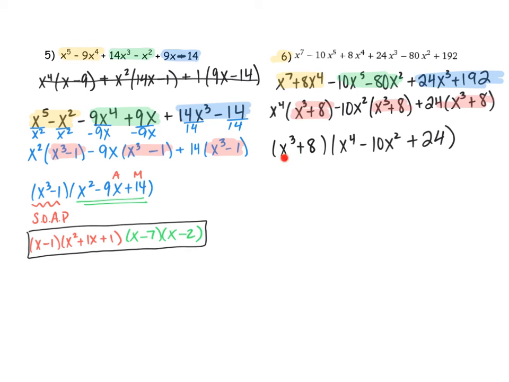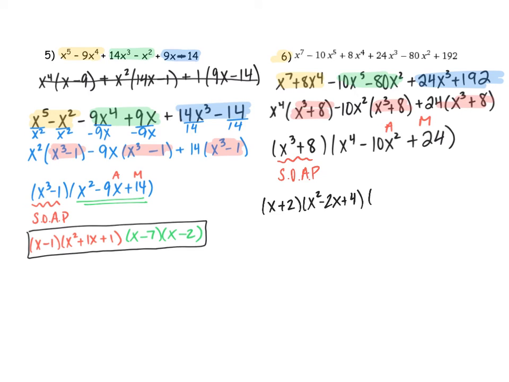Now technically, you can factor a little bit more. This again is SOAP, and this again is add multiply. So we can go ahead and factor this by sum and difference of cubes. And this one, what numbers add to negative 10 that multiply to 24? So when you did SOAP, you should have gotten x plus 2, x squared minus 2x plus 4.